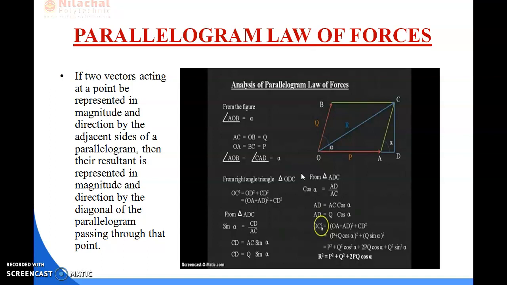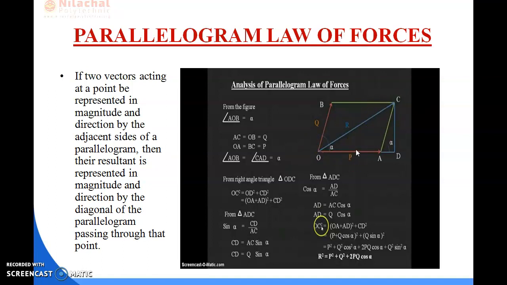Always remember the principle: if two forces acting on a body are represented in both magnitude and direction by the adjacent sides of a parallelogram, then their resultant force is represented in the same magnitude and direction by the diagonal passing through the same point.